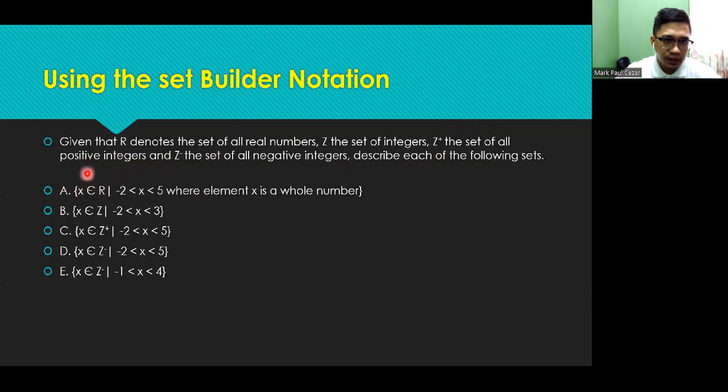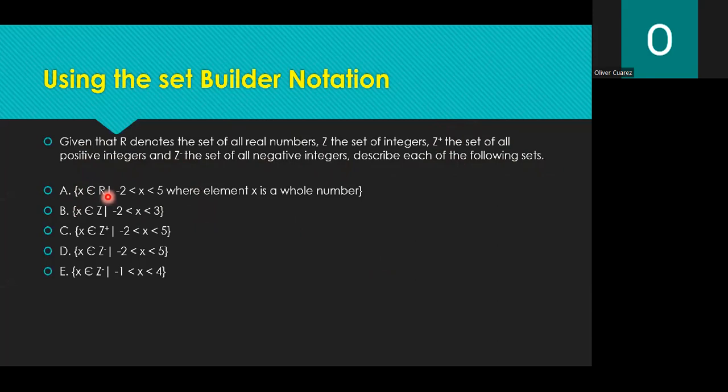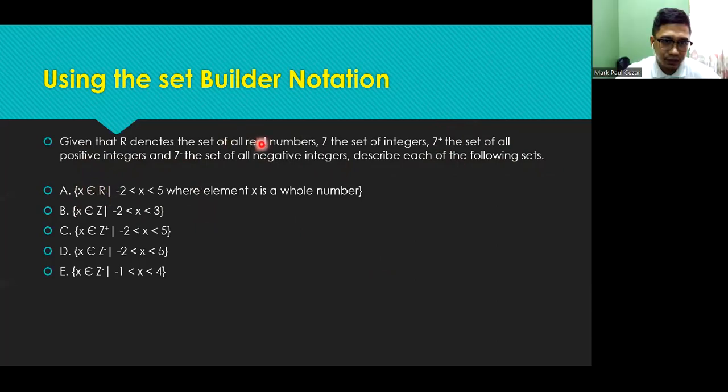We're looking for a set wherein X is an element of R, and this R is the set of all real numbers, right? From negative, 0, positive. So X is an element of R such that -2 is less than X and X is less than 5, where X is a whole number.